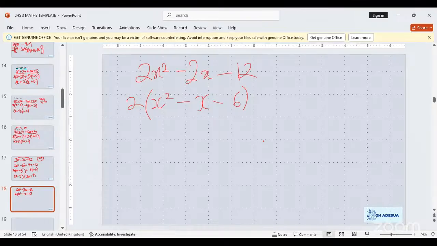Oh, we are waiting for you. Okay, 2 brackets open, x squared minus 3x plus 2x minus 6. You're getting me lost too. At this point, we have x squared minus x minus 6, right? Yes. So now we are looking for two numbers.